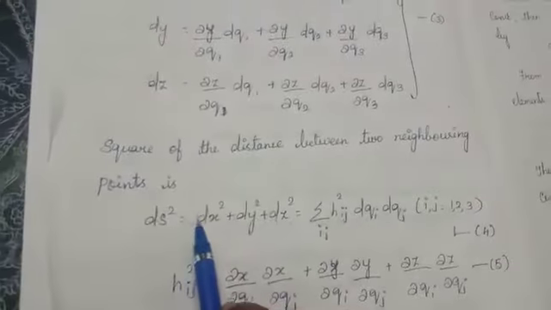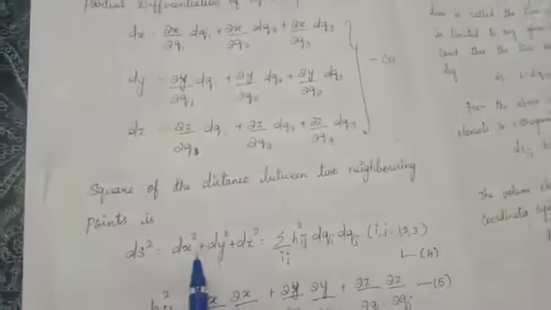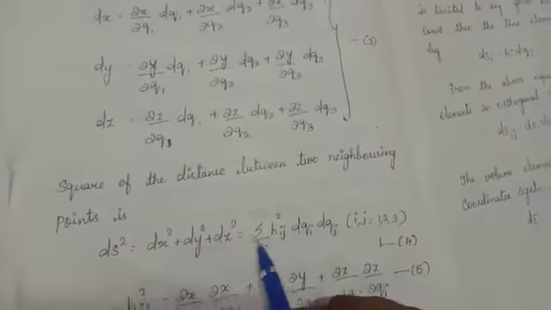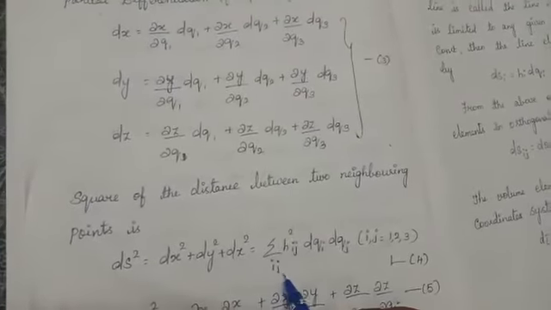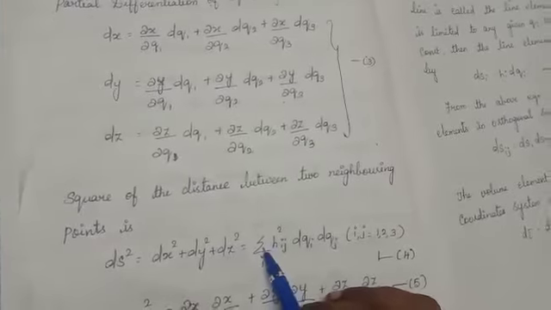The distance between any two neighboring points, ds square, that is dr square, equals dx square plus dy square plus dz square, a summation over the three axes dx, dy and dz.